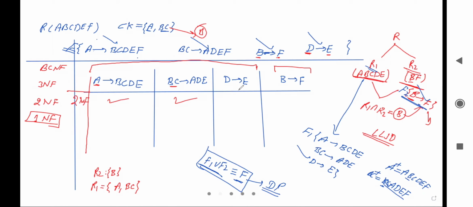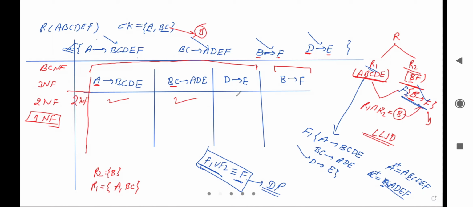What about the next? D goes to E. So here is there a partial dependency or not? Is D a proper subset of a key? Not a proper subset. So if it is not a proper subset, there is no chance of partial dependency.